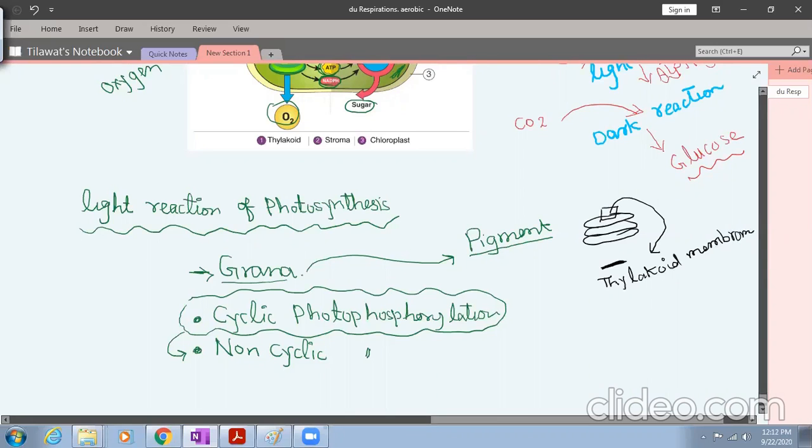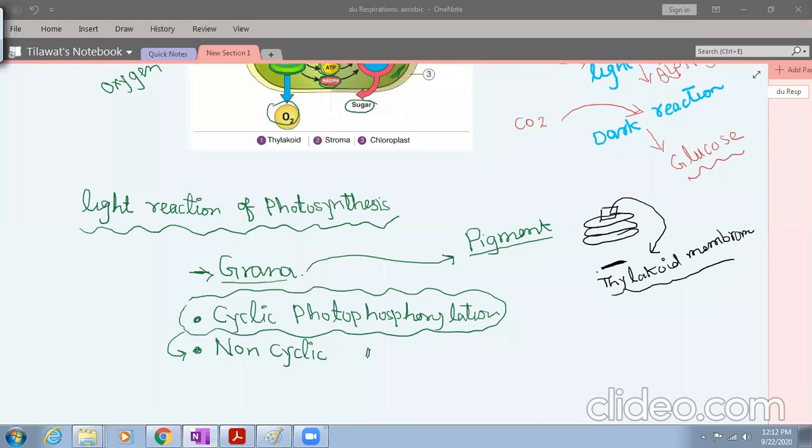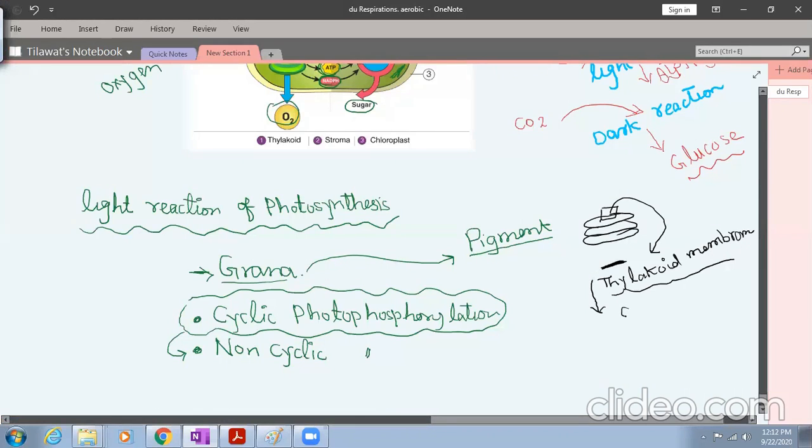Now, if I study this thylakoid membrane in more detail, it is a lipid bilayer in nature, 2 layers of lipids. This is the membrane of grana called thylakoid membrane.